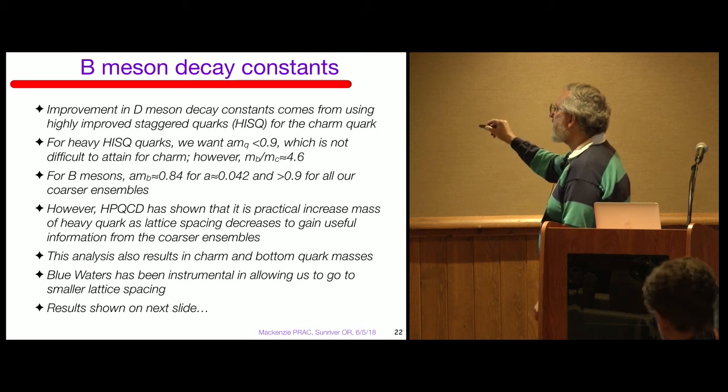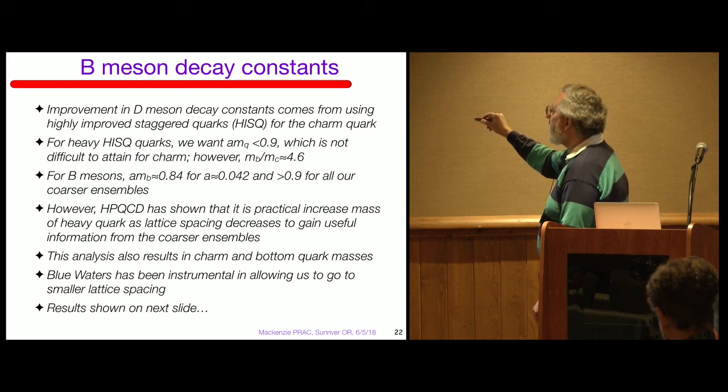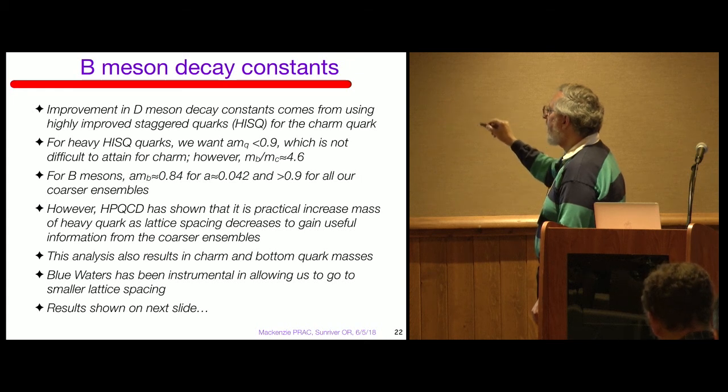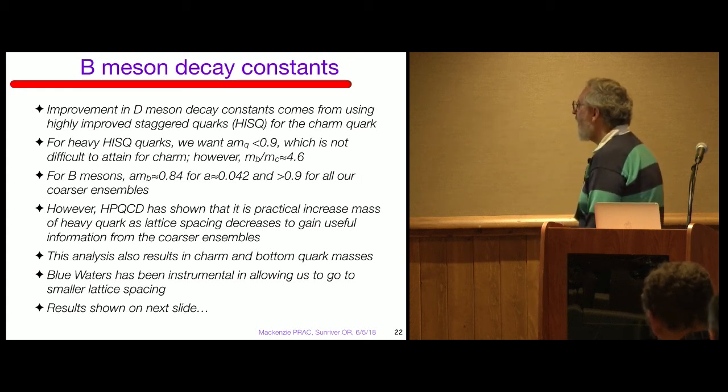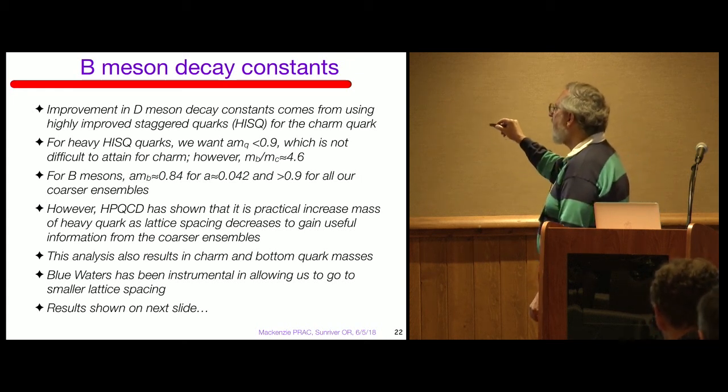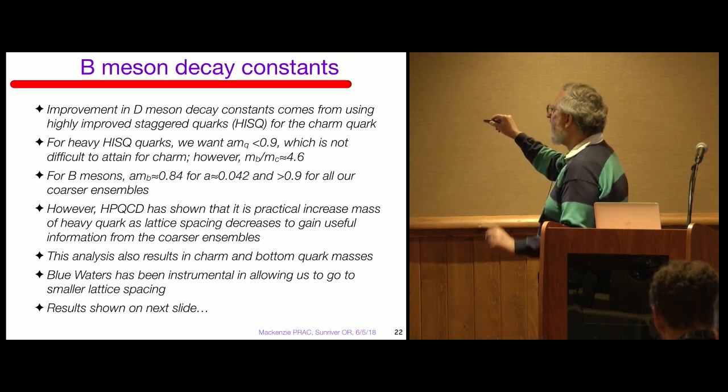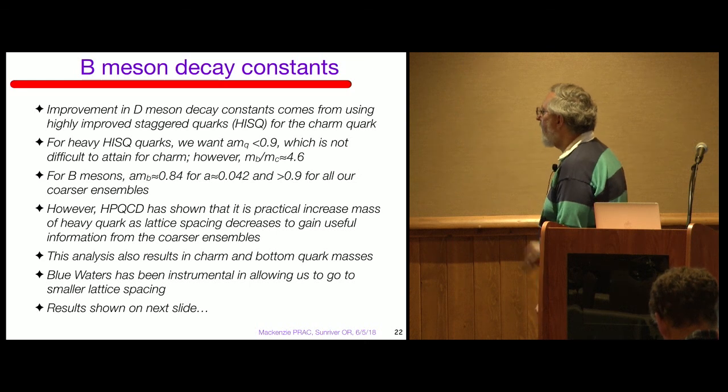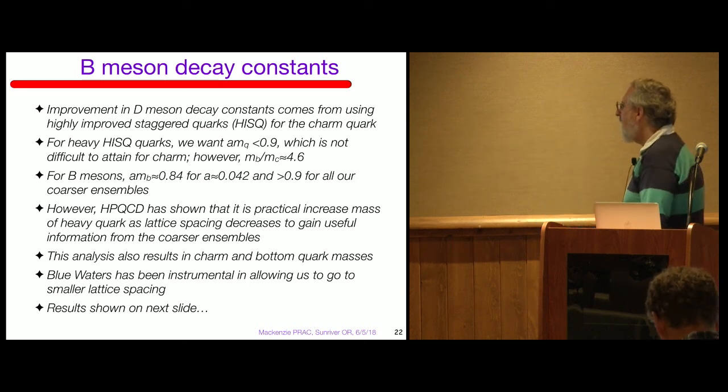So for the B meson, a·m_b is just below 0.9 for the lattice spacing I mentioned that we've been calculating on Blue Waters recently. We'd like to go beyond this, and in fact we do have one ensemble with a smaller lattice spacing that Blue Waters has contributed to.